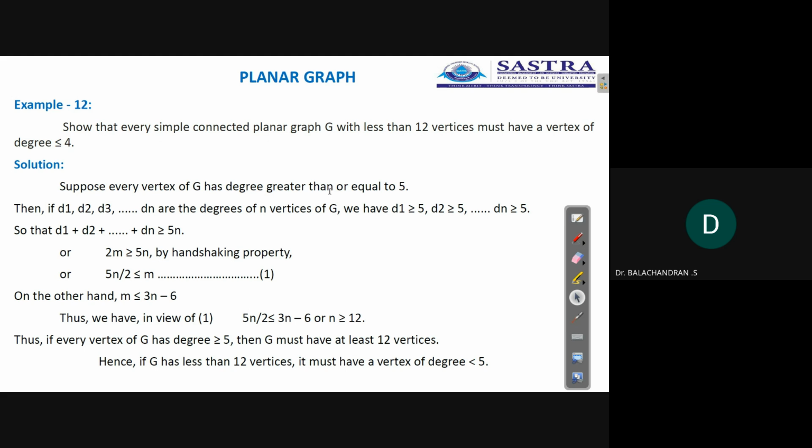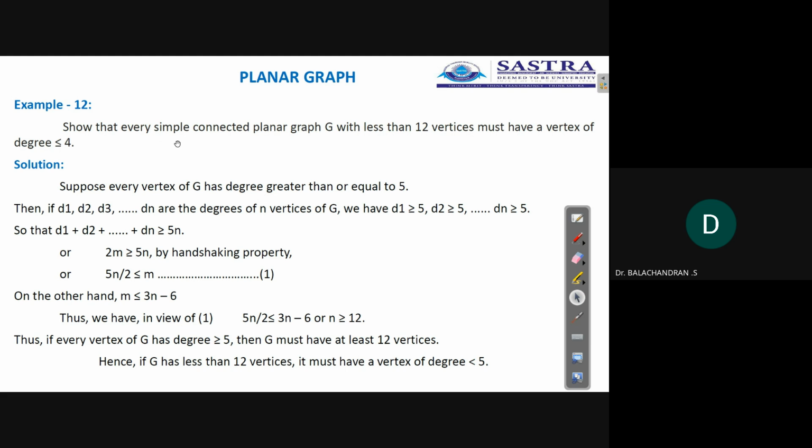Because I need to prove that if G is a planar graph with less than 12 vertices, it must have a vertex of degree 4, at least one vertex.